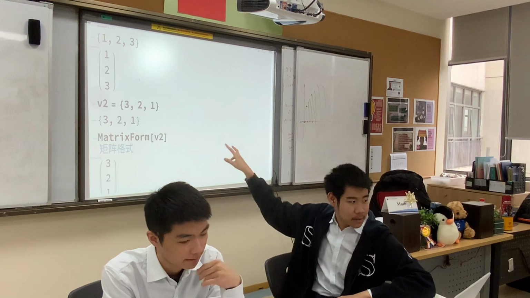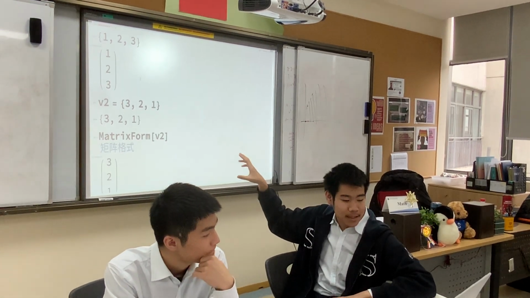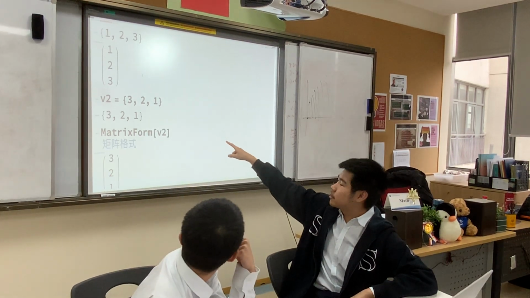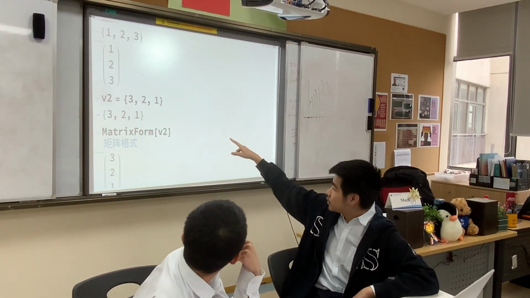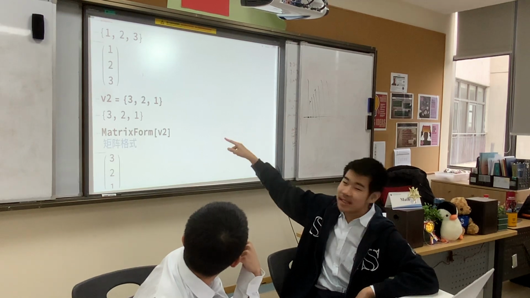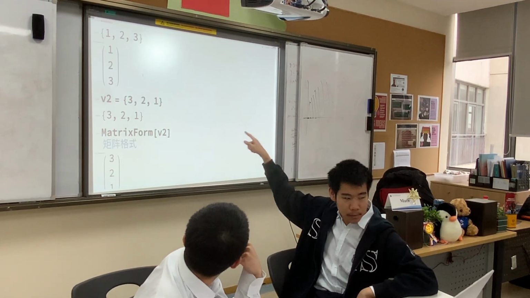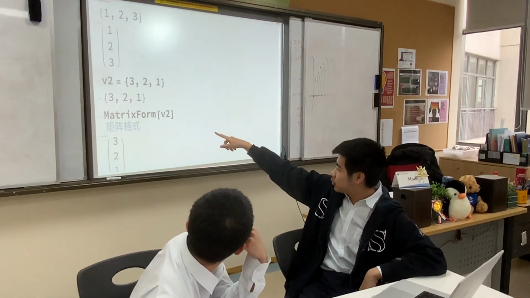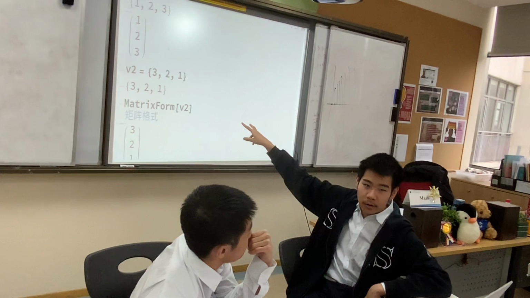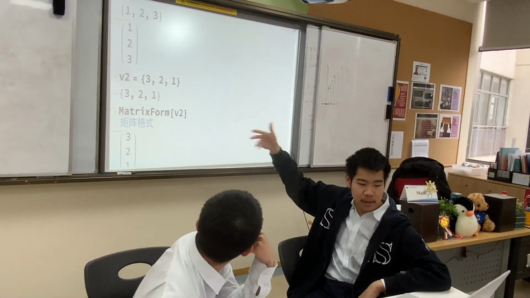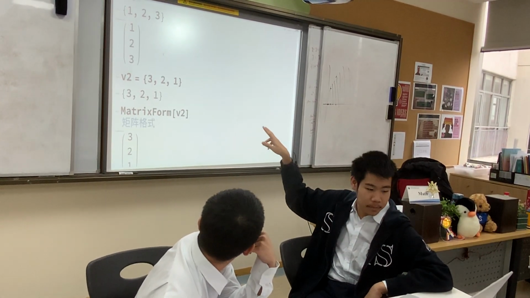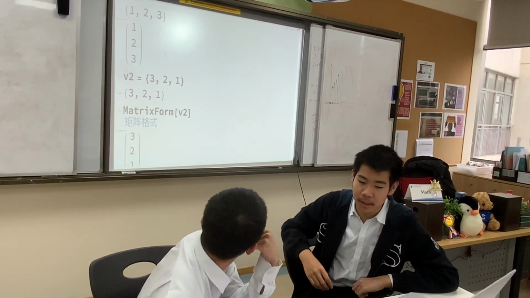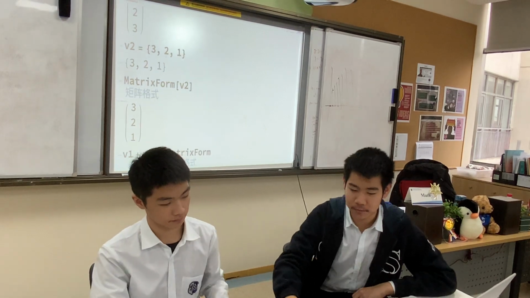The big brackets over here symbolize that it is a list of alike components. Because we know, for example, v2 is a 3-dimension vector, 3 2 1. So 3 is its x component, 2 is its y component, and 1 is its z component. So it treats this as a matrix because they are all alike components. They are all x, y, z components. So we put them in the big brackets that symbolize they're alike terms, so we can combine them together.